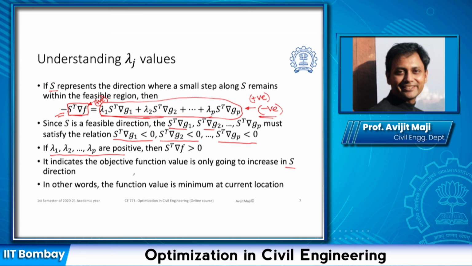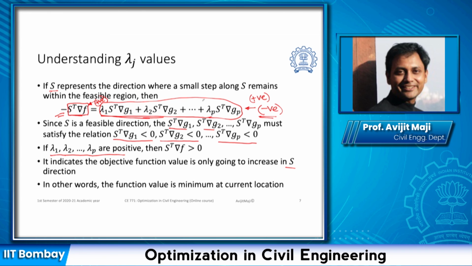In any direction we move from there, our function value is increasing. If we want to minimize a function, we should not move from that particular location, which means for a minimization problem we have already reached the minimum point. If we find that all the lambda values are positive for the active constraints, then we can surely say that we have reached a point where the function value is minimum.